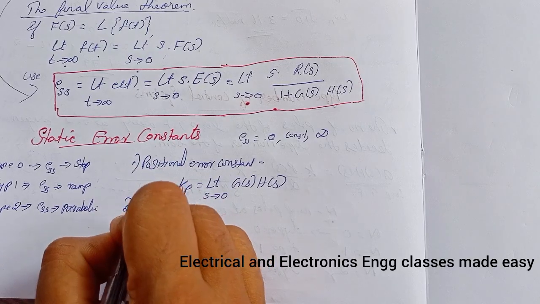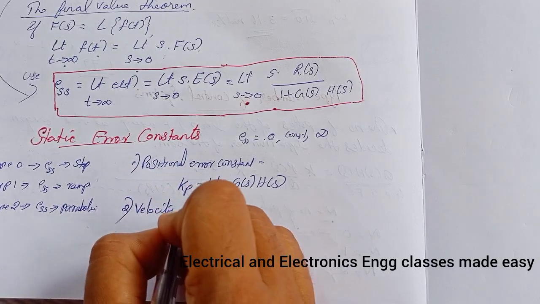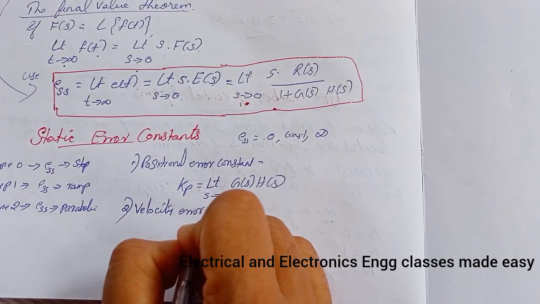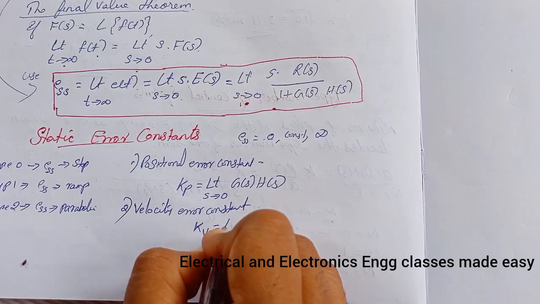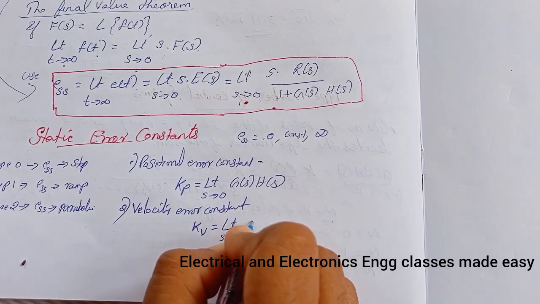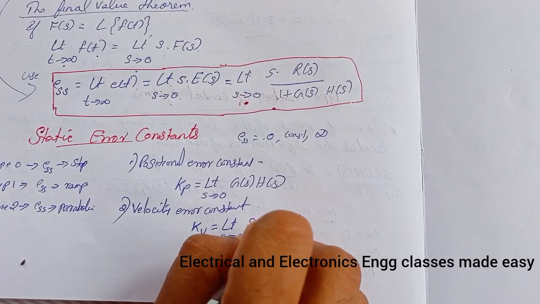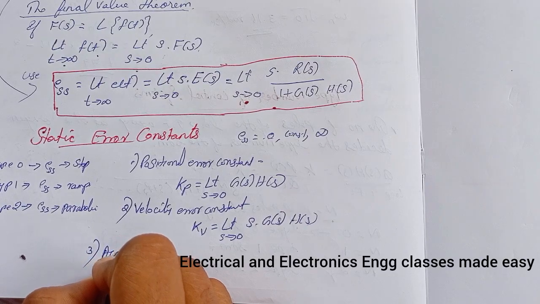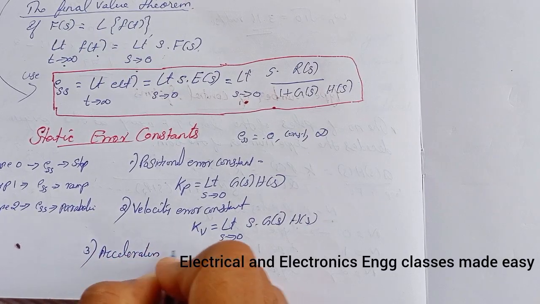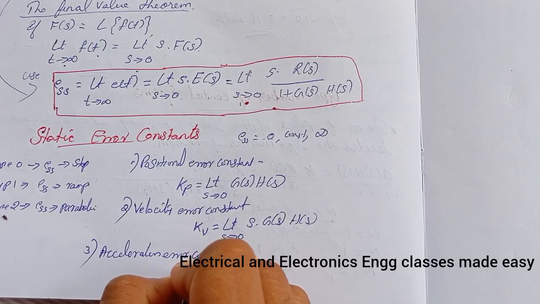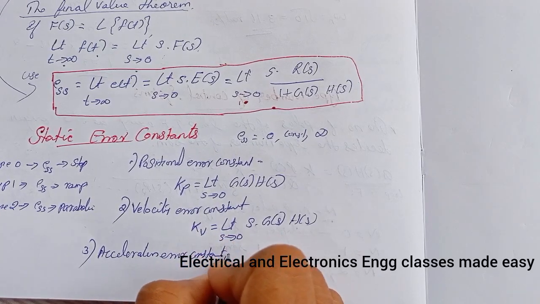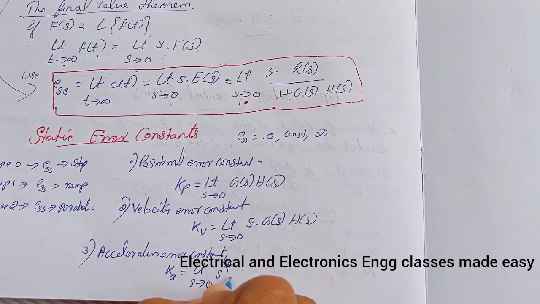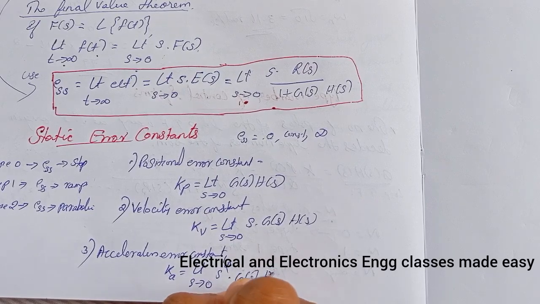The second one is velocity error constant. Velocity error constant Kv is equal to limit s tends to 0 of s into G(s)H(s). The third one is acceleration error constant. Ka is equal to limit s tends to 0 of s square into G(s)H(s).